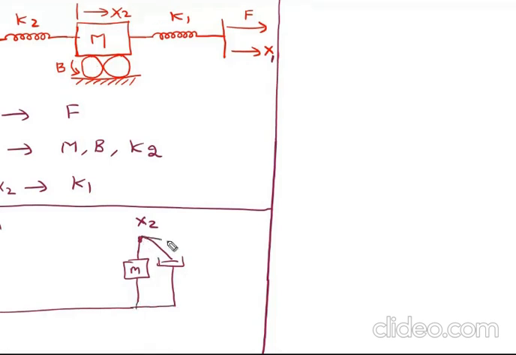And another element is K. So this is B and this is K. Now the common element between x1 and x2 is K1. K1 is the common. This is the free body diagram, second step. And these are the first identification.